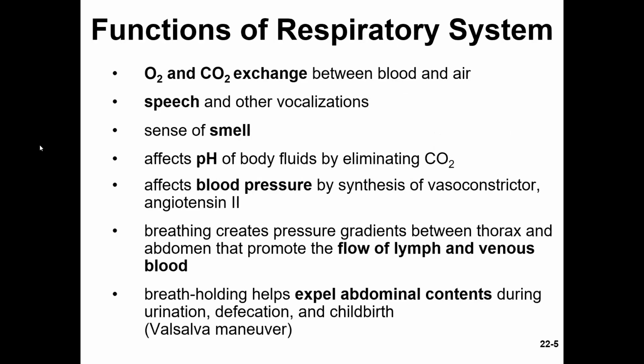Functions of the respiratory system: oxygen and carbon dioxide exchange, speech, smell because of your nose, pH regulation by limiting carbon dioxide, and blood pressure by synthesis of angiotensin 2. Breathing creates pressure gradients between thorax and abdomen that promote flow of lymph and venous blood.